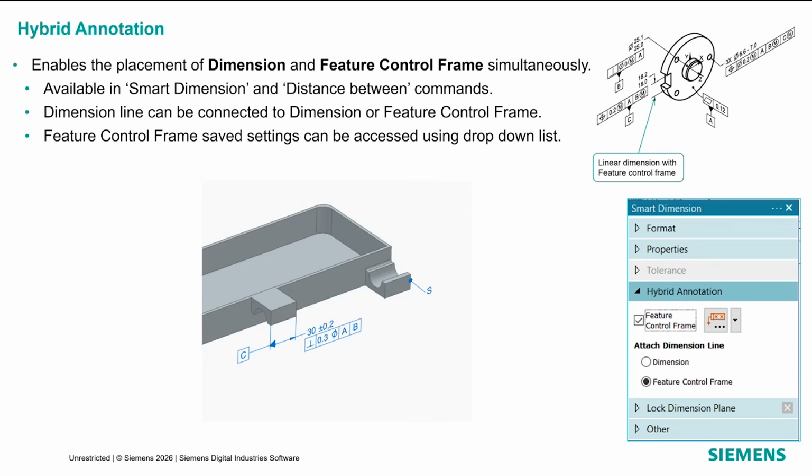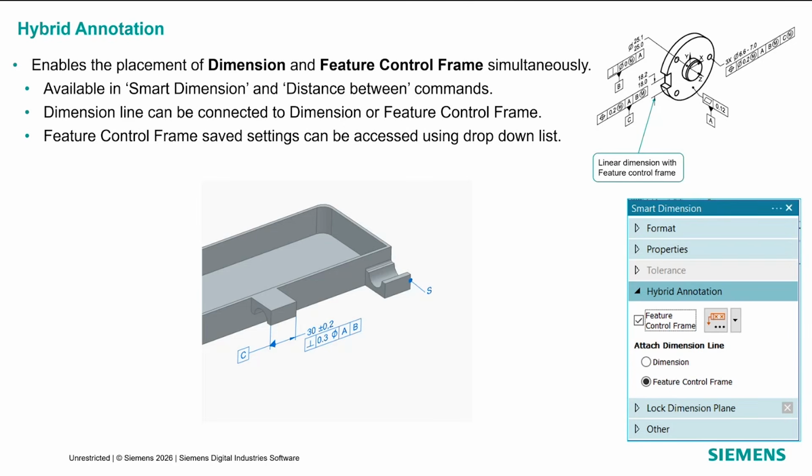For the past couple of releases, we've added some usability enhancements as well inside Designcenter Solid Edge for adding your necessary PMIs, one of which is the hybrid annotation. So if you've used Solid Edge for a long time, you know that the way before to add the annotations to a PMI, which you would need with respect to many different standards, such as ASME, ISO, and so on, was to add the PMI and then go do the annotation separately and attach them.